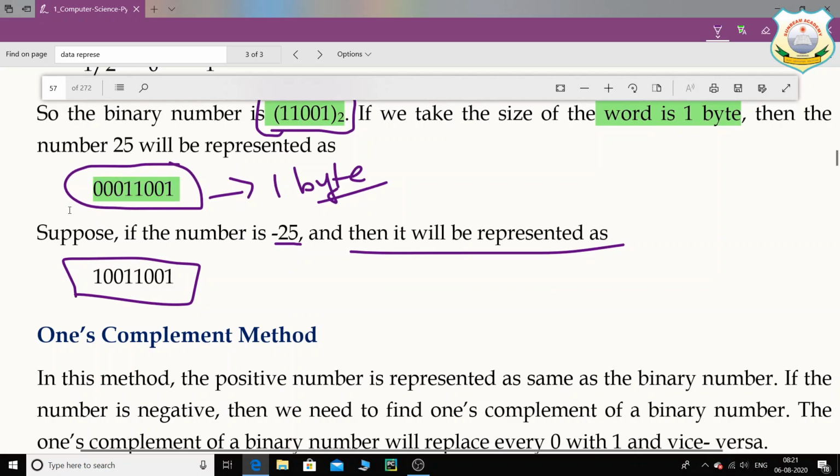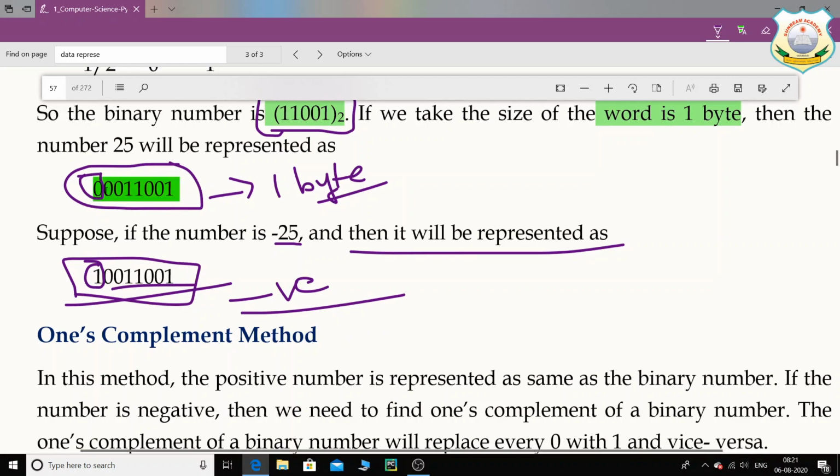This was a positive number, and if you focus on the first bit, that is 0, it means the number is positive: 25 is a positive number. And if the same number starts with 1, that bit being the reserved bit, then it is considered a negative number.